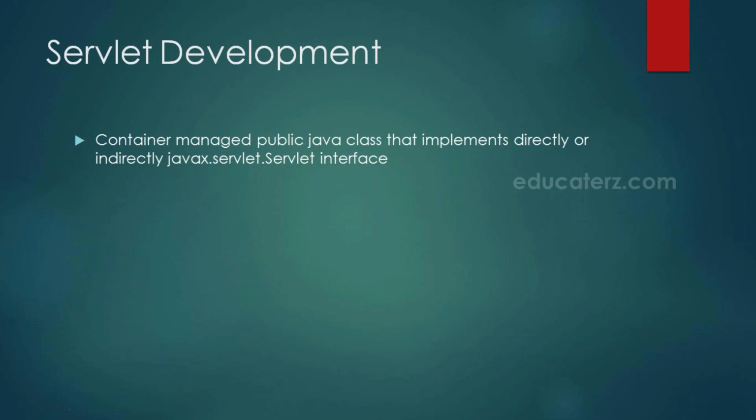GenericServlet implements this Servlet interface, so we can consider GenericServlet as a servlet because of inheritance. Our servlet class extends the GenericServlet class. Hence our servlet class is a servlet because of inheritance again. So basically a servlet is a container managed public Java class.